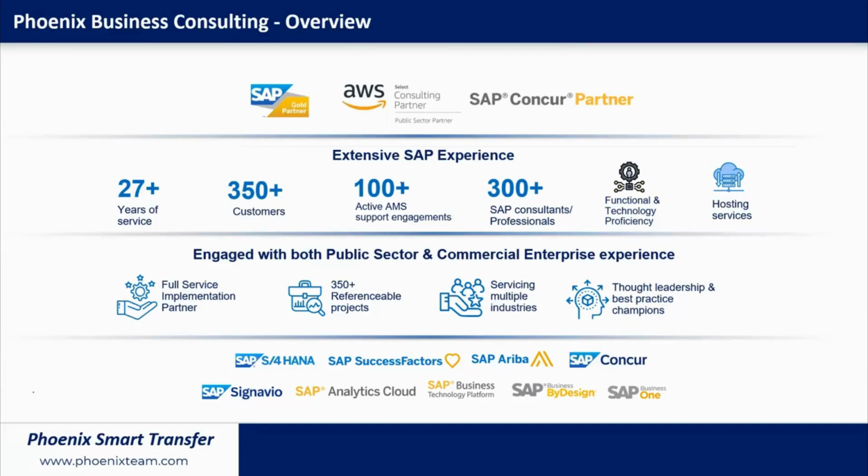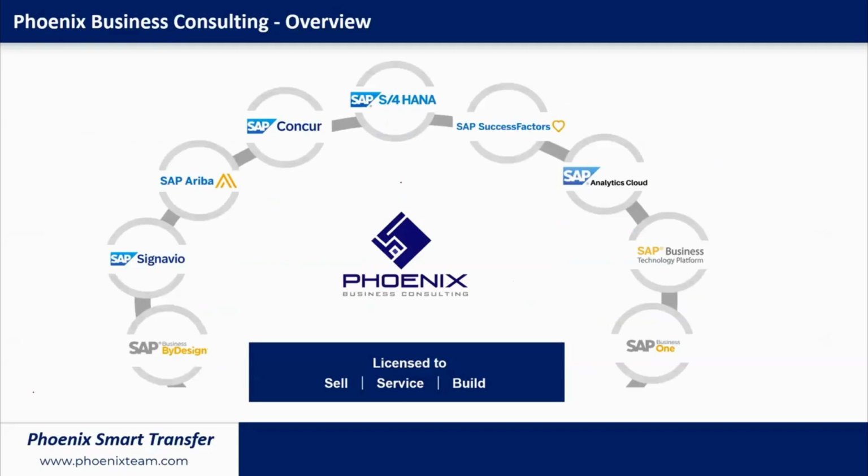If you go to the next slide, Dustin, we are licensed to sell and implement ECC, S4HANA, private cloud, and public cloud as well. We have a very senior team that implements SAP Concur, as well as SAP SuccessFactors and SAP Ariba.